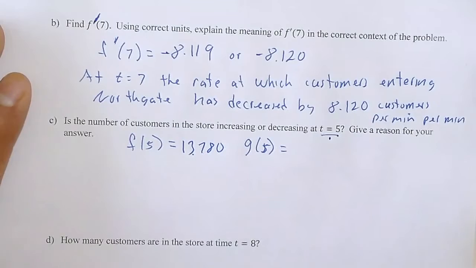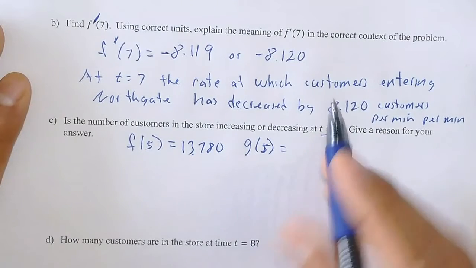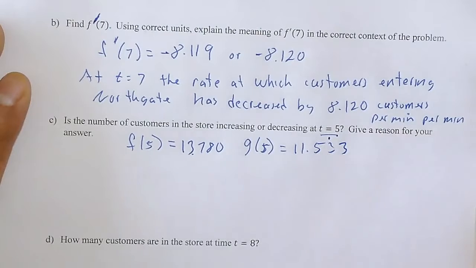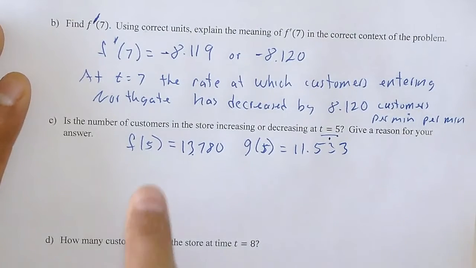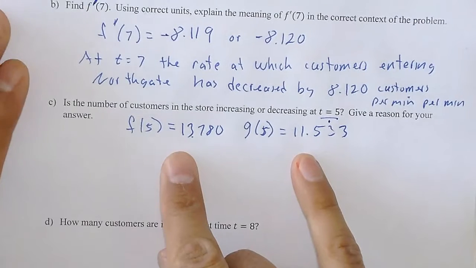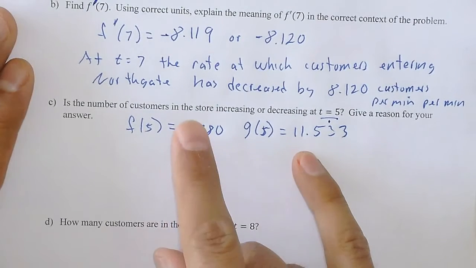There are more people coming in than people coming out. So how do we write that? A couple different ways of doing it. I'm going to say g of 5 is less than f of 5, or f of 5 is greater than g of 5, same thing.